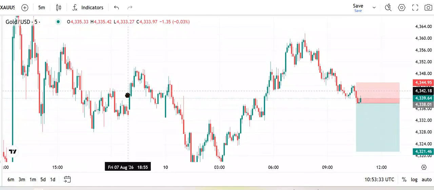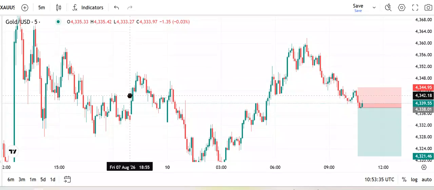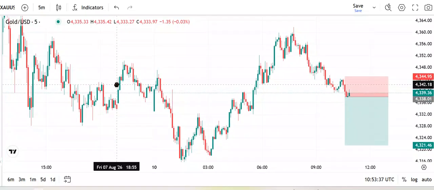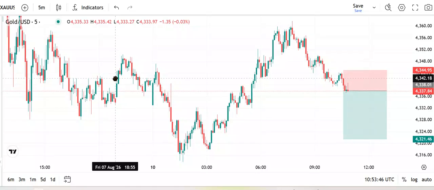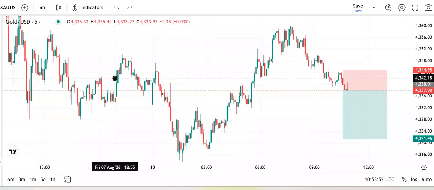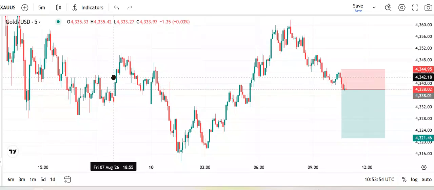Now the strategy involves identifying the range and identifying the range breakout, allow break of structure, mark your stop loss and enter after break of structure or enter after pullback.